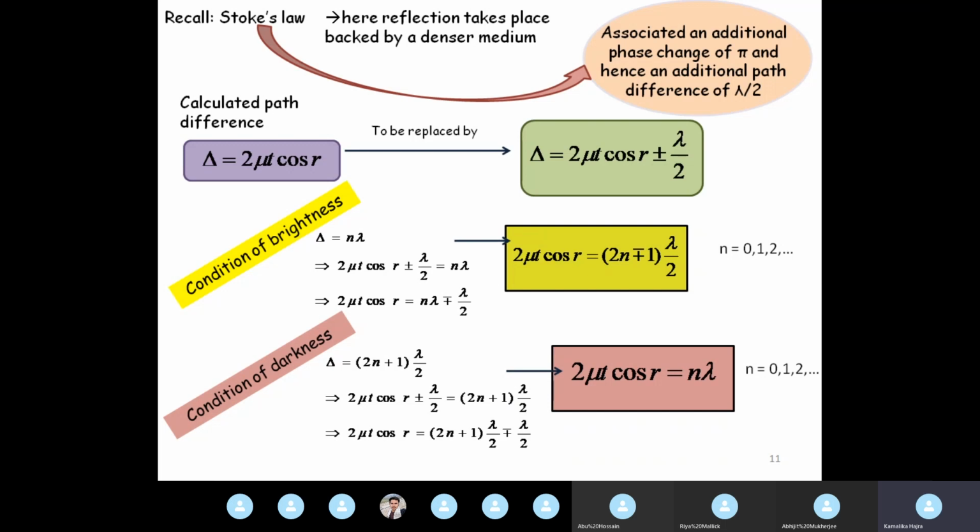You can see that when the interfering rays are such that this expression 2 mu t cos r is 2n minus plus 1 lambda by 2, n will give you the order of the fringe. You will get a bright fringe, and when this expression is simply an integral multiple of lambda, then you get a dark fringe. N will give you the order of the bright or the dark fringes.